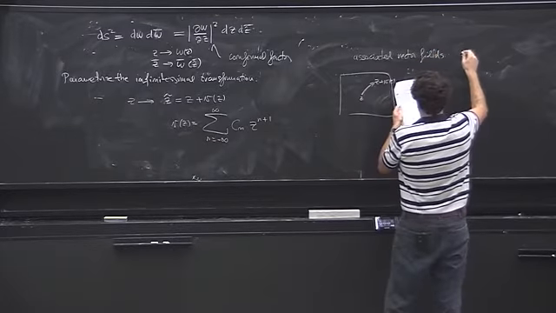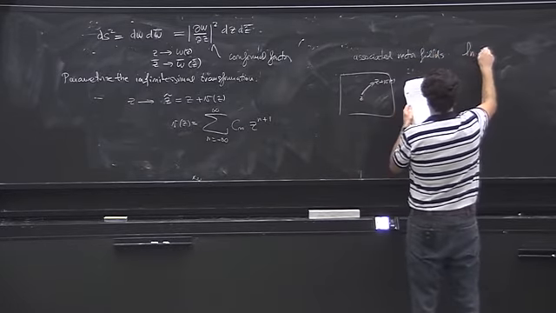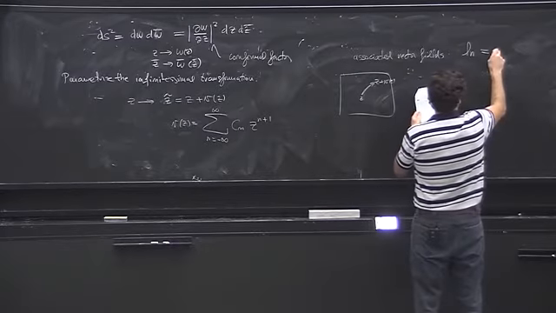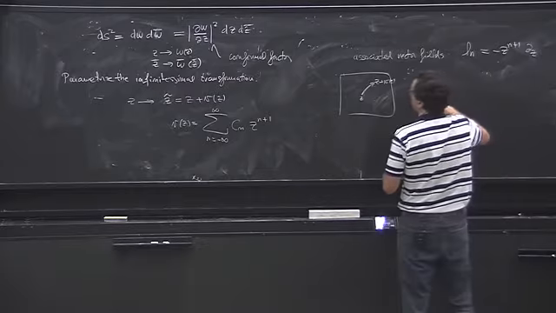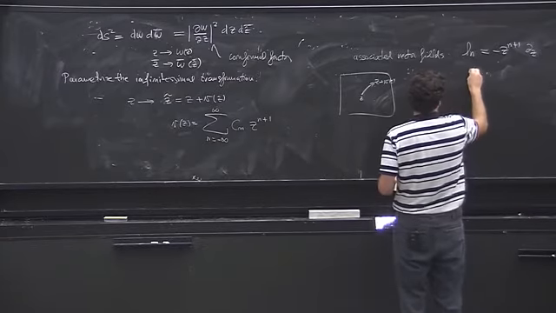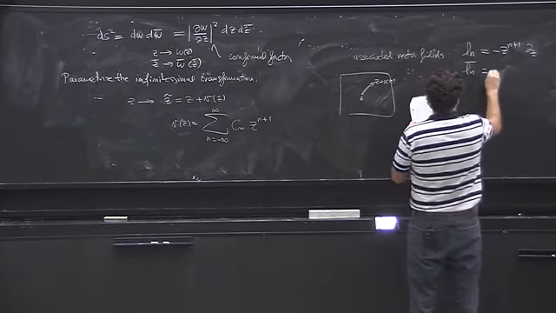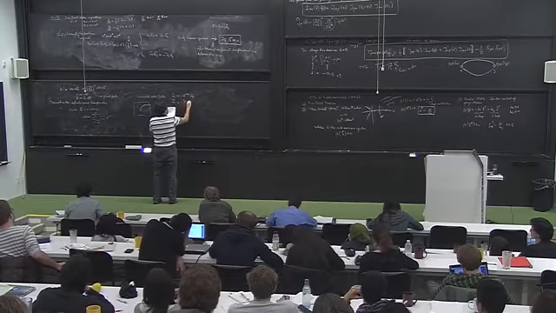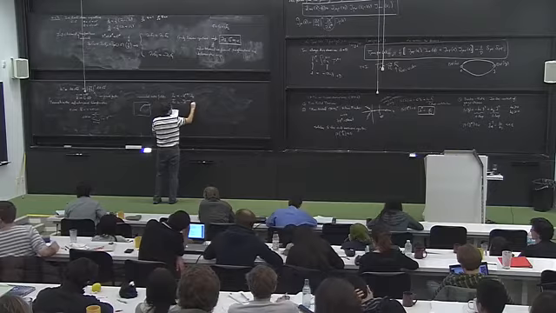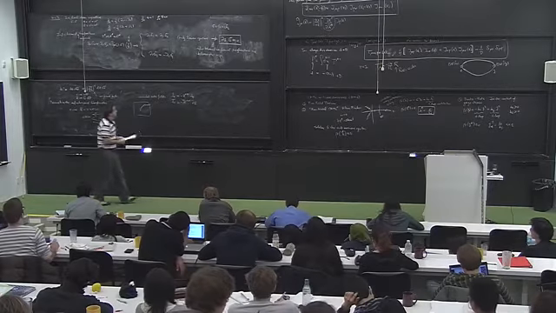So we'll use this notation l_n, which is going to be minus z^(n+1) d/dz. This will be for the holomorphic transformations. And then I have an associated one for the z bars. Okay.